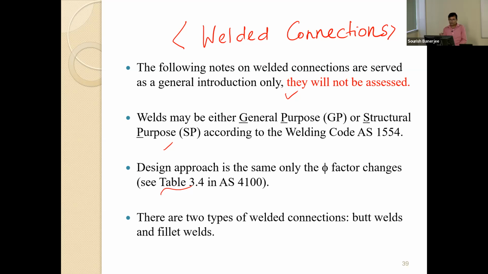In this case, the thing we'll be looking at is the thickness of the weld, and also the length of the weld. The length of the weld will be an important parameter apart from the size of the weld. So the analogy for the bolt was the spacing and the diameter of the bolt. There are two types of welded connections, butt welds and fillet welds.